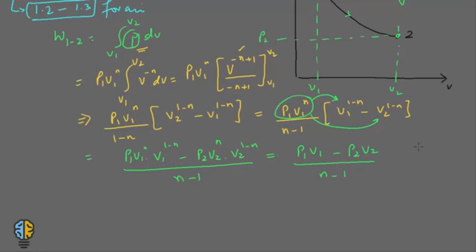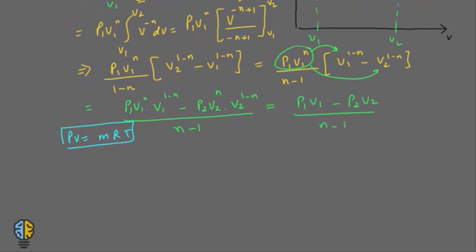Now similarly, as compared to the adiabatic process, PV is equal to MRT, isn't it? So I can replace P1 V1 by MRT1. So W12 is equal to MR, which is a constant, times (T1 minus T2) by (n minus 1).